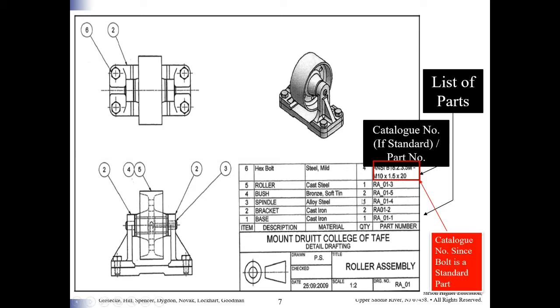In the bill of material, the numbers can either be ascending or descending. The list of the parts can be explained based on items, description, material, information, quantity, as well as the part number. For example, the part number for item number 4, which is a standard part, is called the catalog, since the bolt is a standard part.